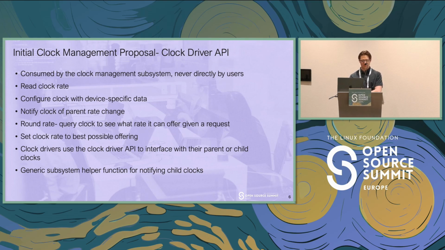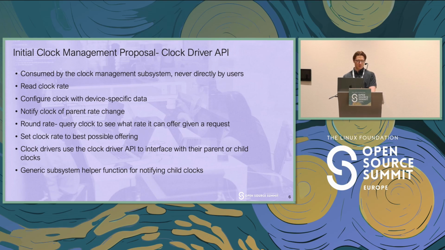This was, and continues to be, the key point of the subsystem: you can define clock nodes with device-specific data, and then configure them with that data as an alternative to making requests for a rate, to avoid the heavy overhead of those runtime calculations. The other API is the ability to notify a clock that its parent rate has changed. The clock's responsibility in that API is then to forward that notification to all of its children clocks.